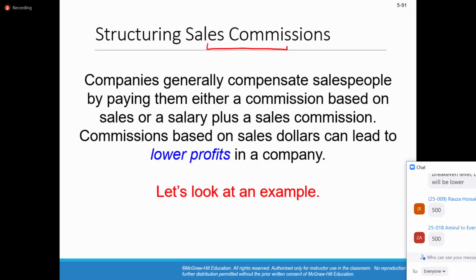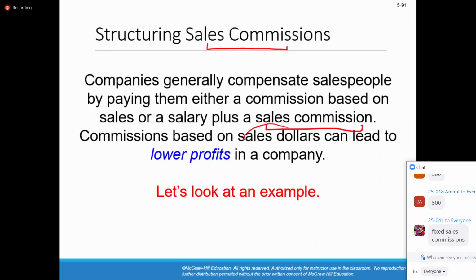If you are a salesperson, what is your expectation? Fixed sales commission. Okay. So generally, sales commission is usually made variable, but often the practice is that the variable portion is calculated based on the sales dollar.